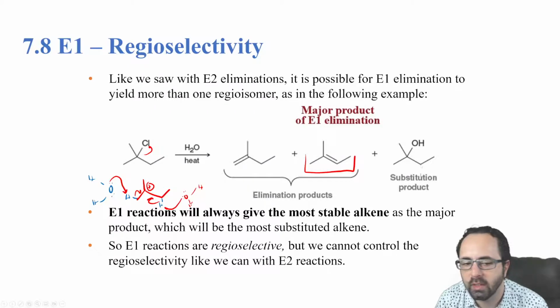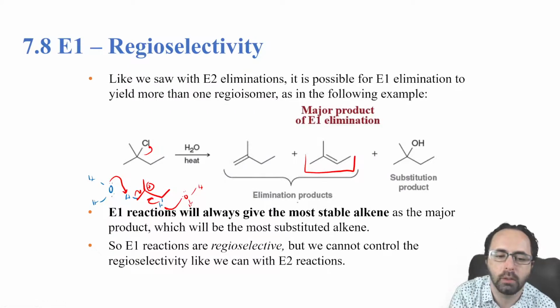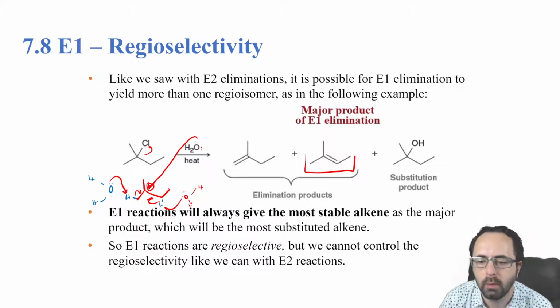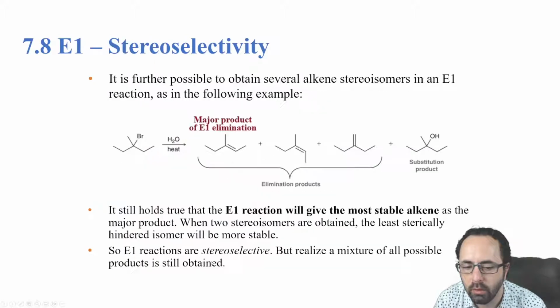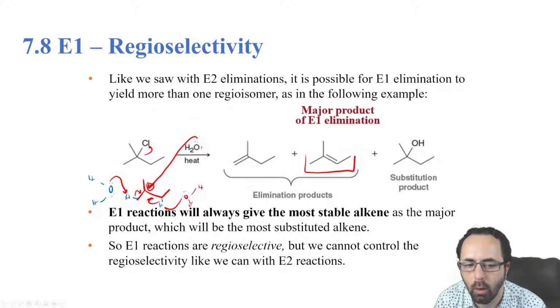We can also have a substitution product in which the water directly attacks the positive formal charge carbon. But we can get either of those. So E1 reactions are regioselective, but we cannot control the regioselectivity. So we're going to get both products. This one is a little bit more stable. We'll get a little bit more of it, but we're going to get both of these products here.